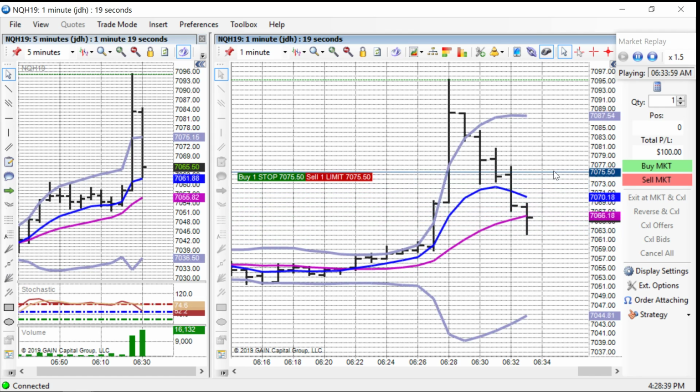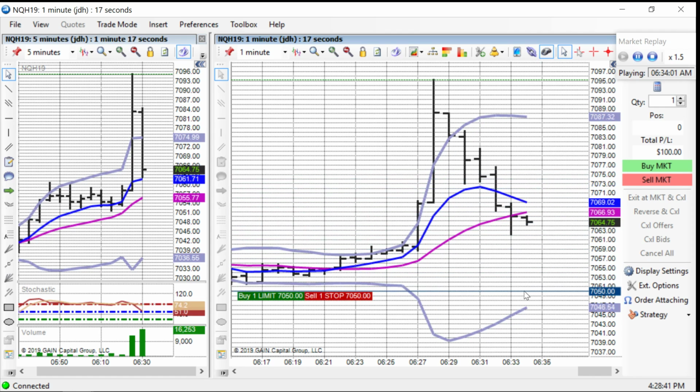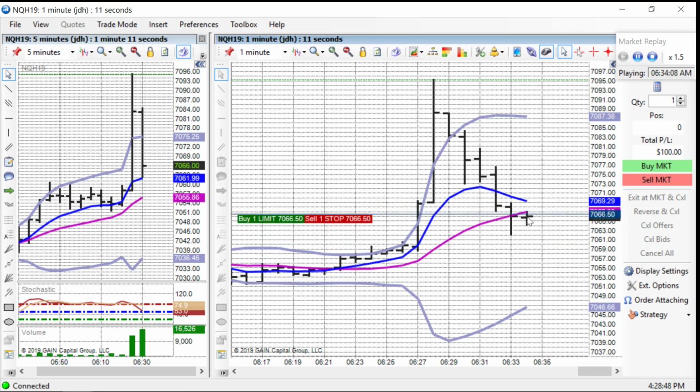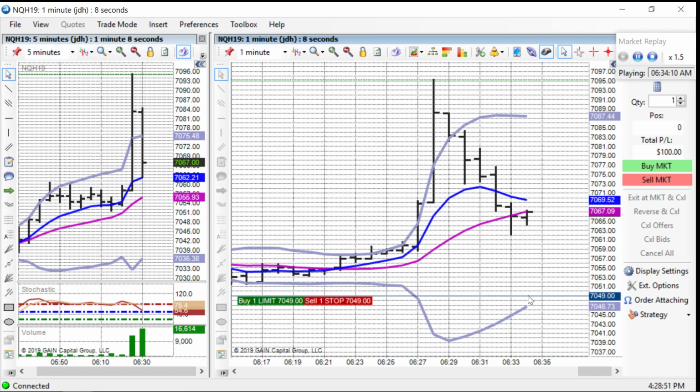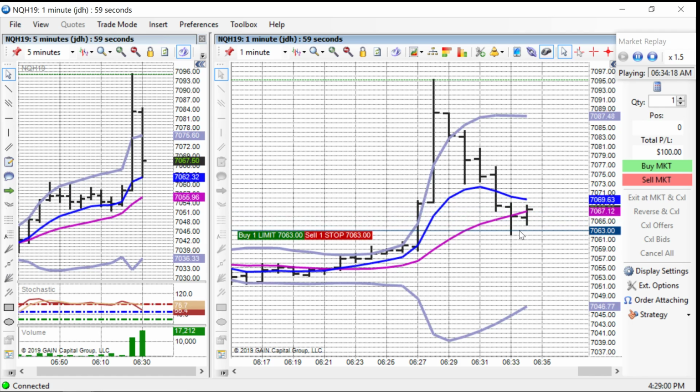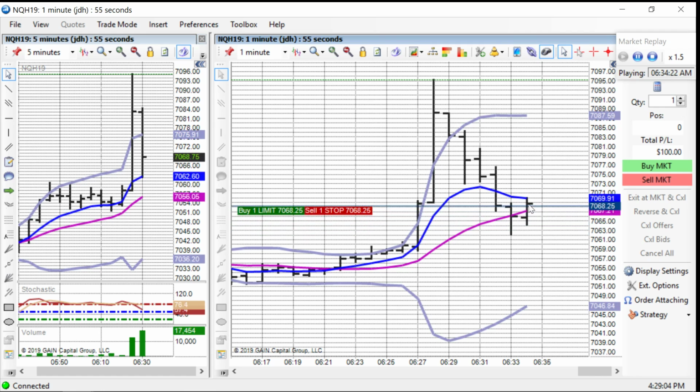But I'm still expecting a leg upward here, so I don't want to go short just yet. I want to wait for it to come back to that 8 EMA line, because if I went short now, I'd have to wait through this retracement here, and I don't like waiting through adverse movement. That causes a lot of anxiety. You want to try to catch it just as it's moving towards your intended trade direction.